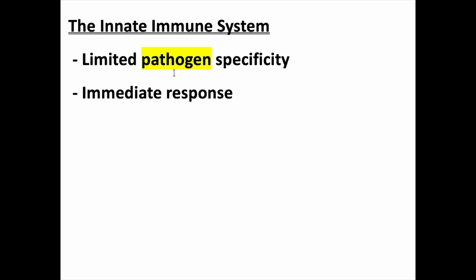Now, pathogen is a big key term that we're going to see a lot in this chapter. The key terms define pathogen as an agent, usually a microorganism that causes disease in the organisms that it invades. The reason why this term is so vague, calling it an agent and saying that it's usually a microorganism, is because a pathogen can be a lot of different things.